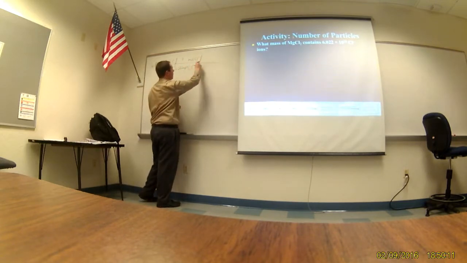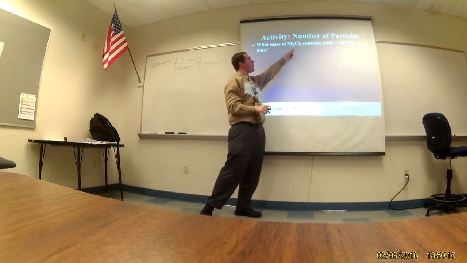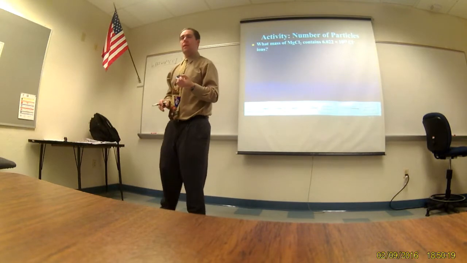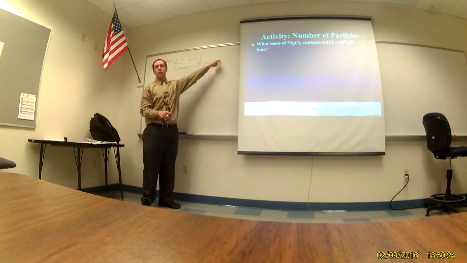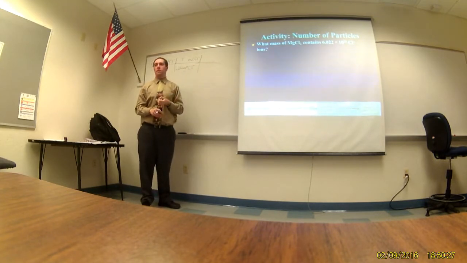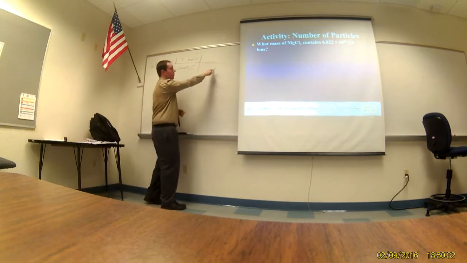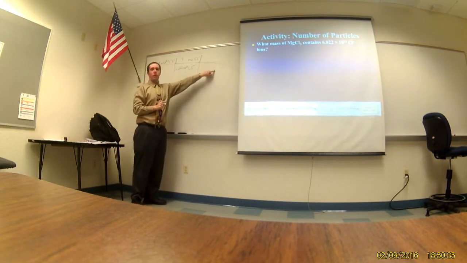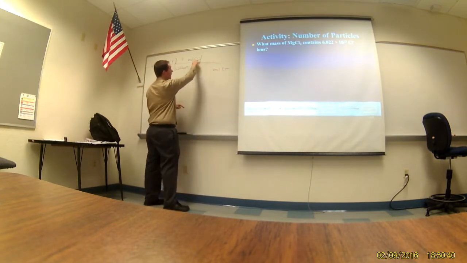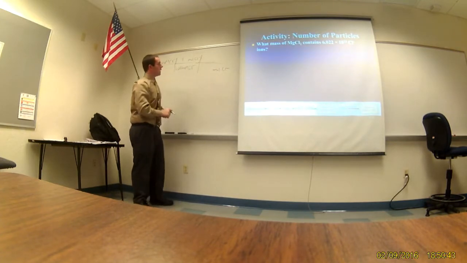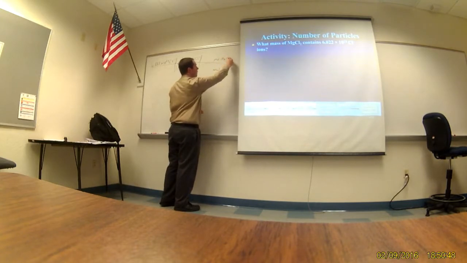So now I've gotten to moles of chloride. But the mass I'm trying to get to is magnesium chloride. So the next step I'm going to do is moles of magnesium chloride. But I have no choice what my unit is going to be here. Moles of chloride ion. That has to go there. And then I said I'm trying to get to moles of magnesium chloride.